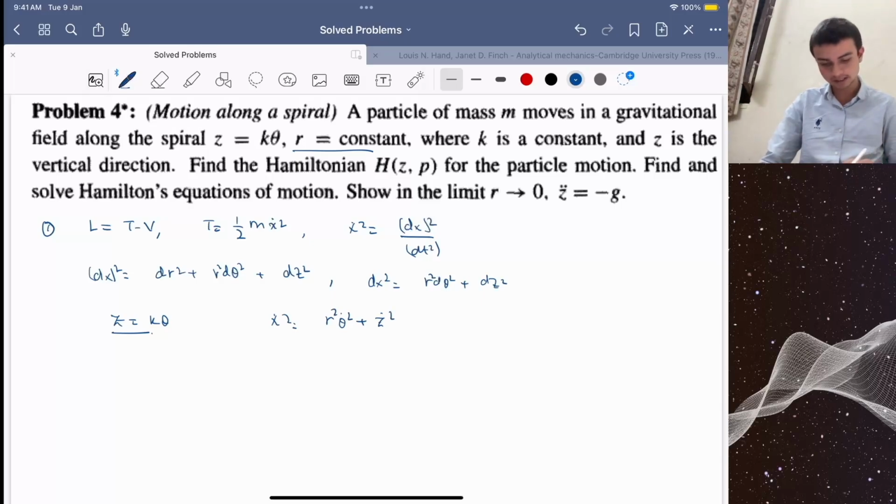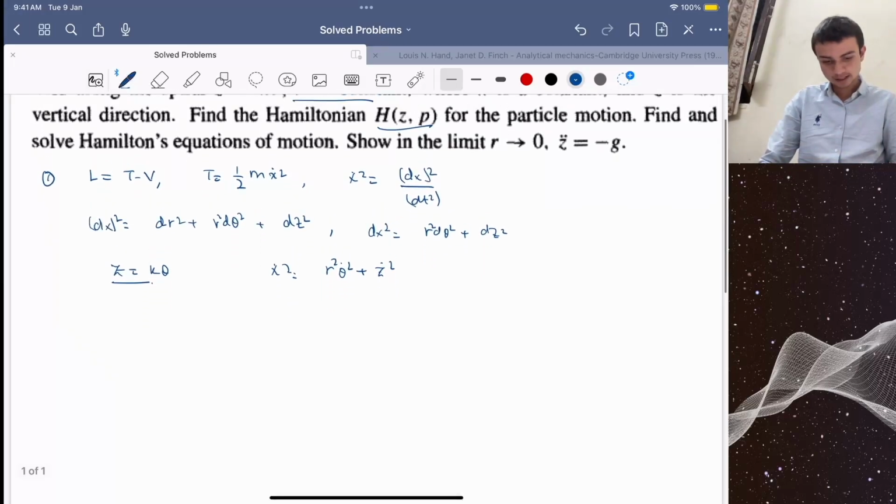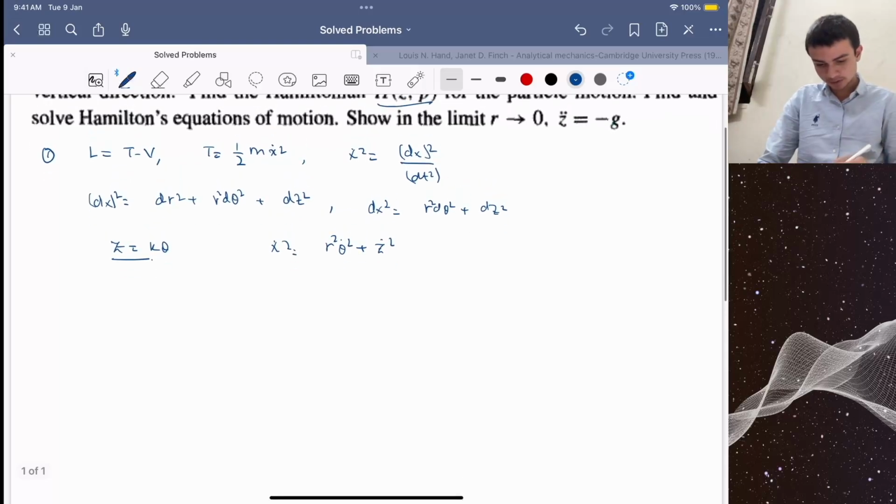Now z equals k theta, and we want to find the Hamiltonian as a function of z and p, so I should write the Lagrangian as a function of z. Since r is constant, there is only one independent coordinate: theta can be written in terms of z, or z in terms of theta. So z equals k theta, and theta is z by k.